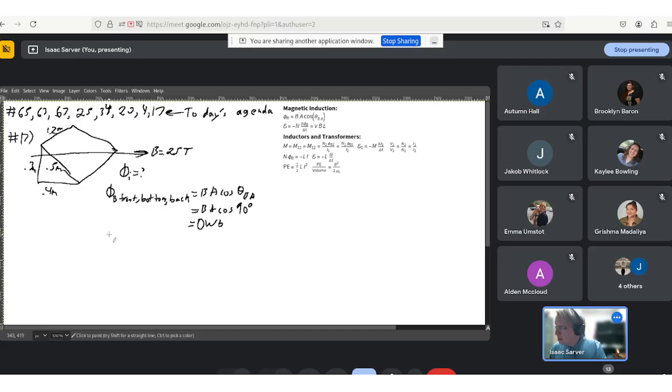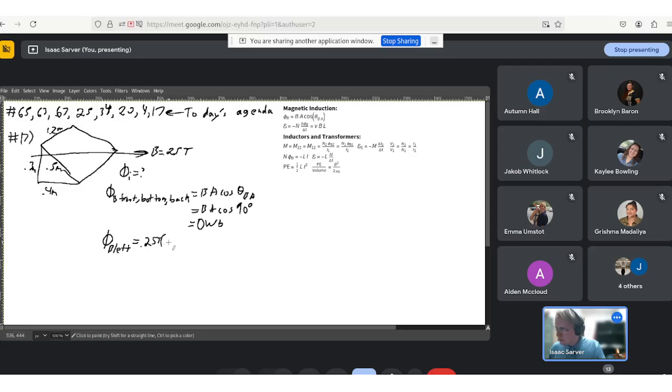Alright. Then we have the magnetic flux, B, for the left side. Alright, so B is 0.25 Tesla. The area of this, well, that's 0.3 meters up and 1.2 meters back.